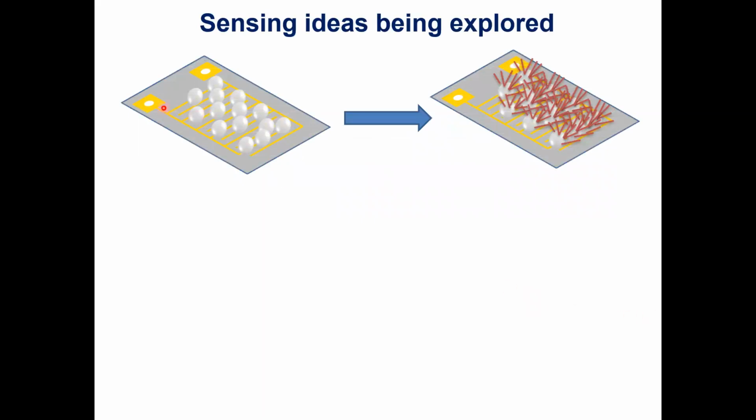So on a sensing platform like this, an interdigitated gold electrode printed on an alumina substrate, you can initially distribute the titanium alloy particles on that platform, and then do this argon treatment where you grow the TiO2 nanofibers.